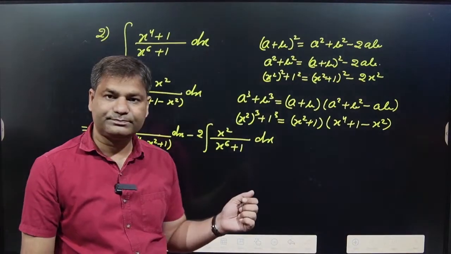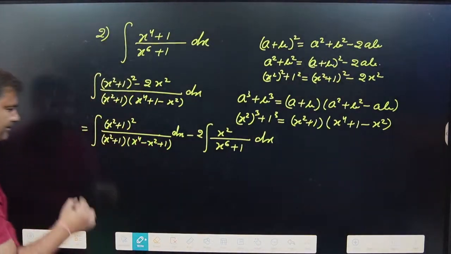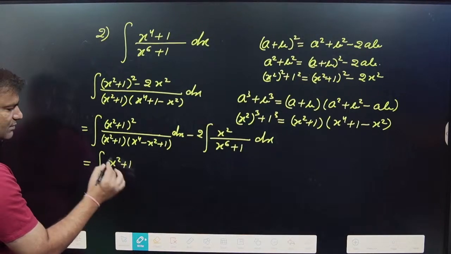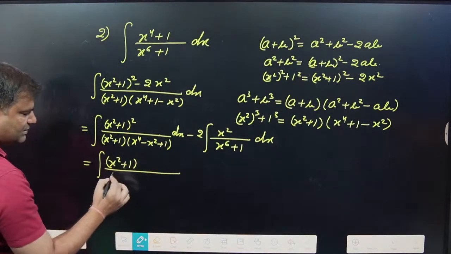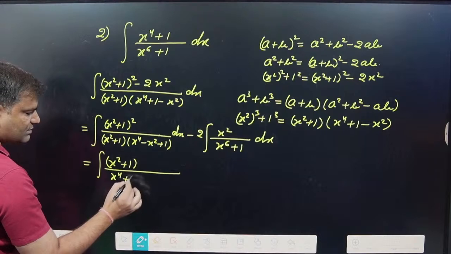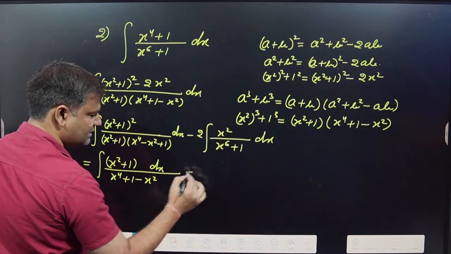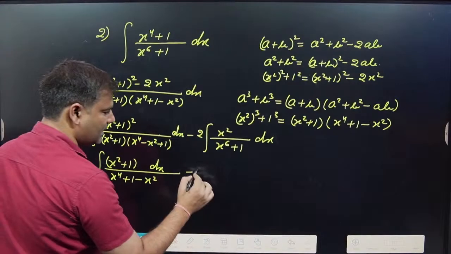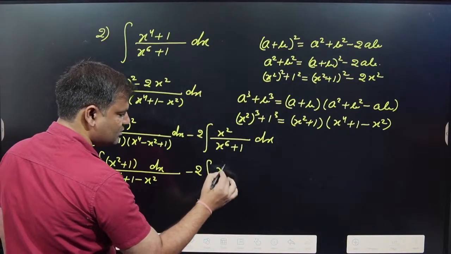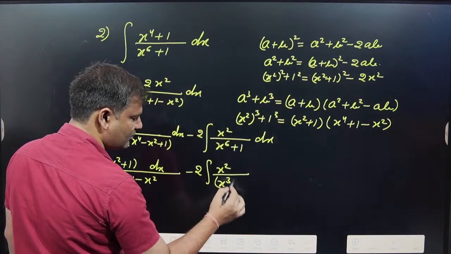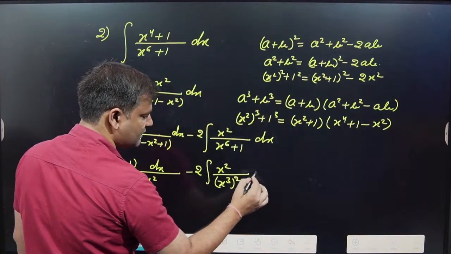Now look here, this one is written as x square plus 1 divided by x to power 4 plus 1 minus x square into dx, and this one is written simply as minus 2 into x square divided by x cube to the whole square plus 1 into dx.